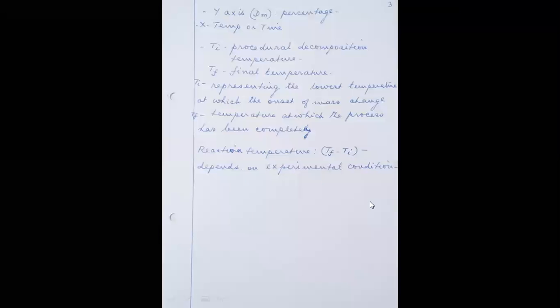Now you see, this is what is actually repeated. On the y-axis, the percentage of mass or mass change is taken, and on the x-axis temperature or time is taken, and Ti is the procedural decomposition temperature, and Tf is the final temperature.